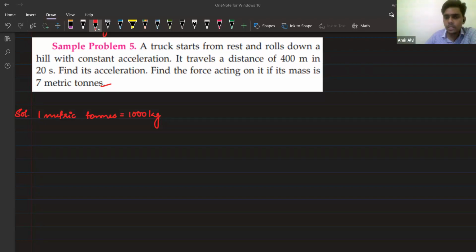Okay, Anam, do you have conservation of momentum in your syllabus? Yes, sir. Sara? Yes, sir. Arhan?